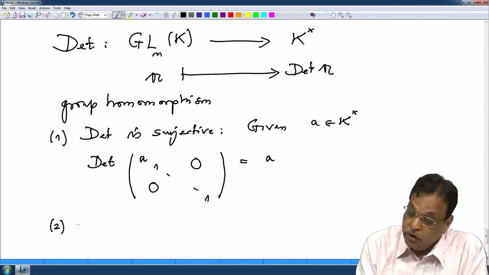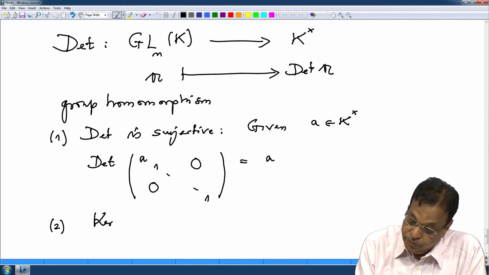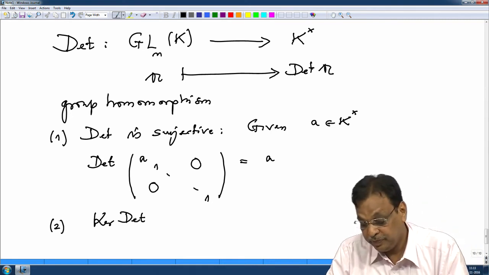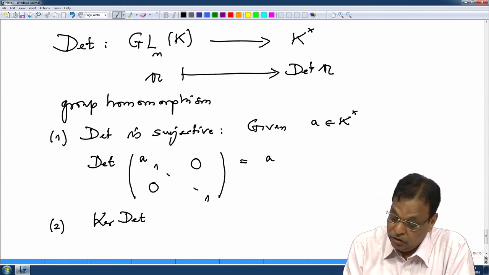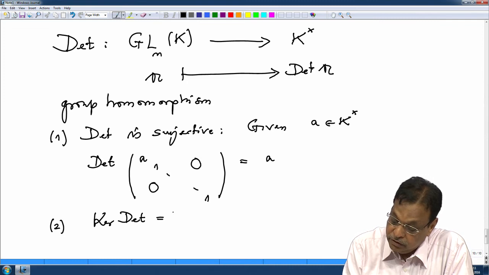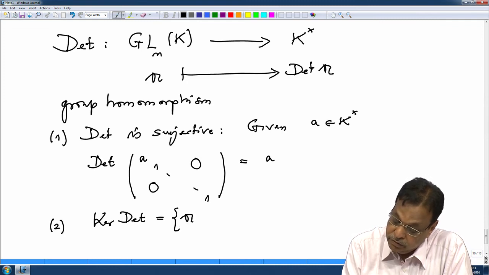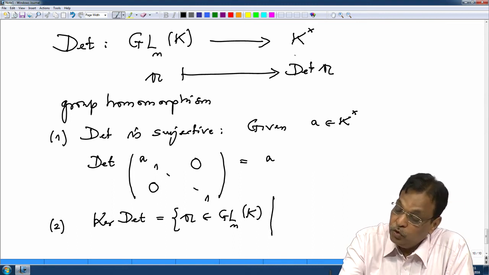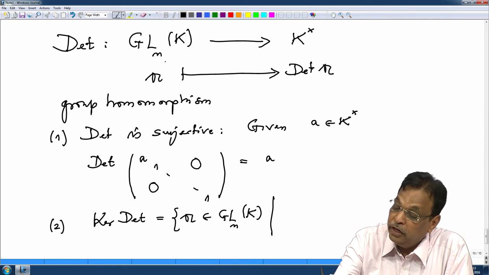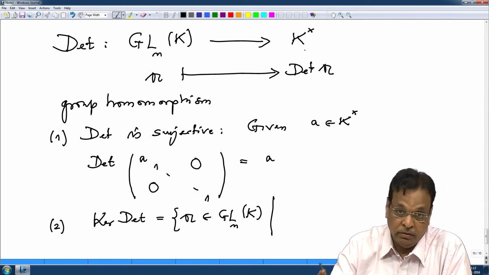Secondly, what is the kernel of this determinant map? The kernel of this determinant map is a very important group, which is the set of all invertible matrices such that it goes to identity. Remember, the identity in this K cross group is 1.